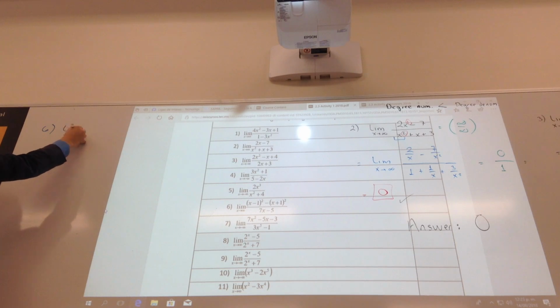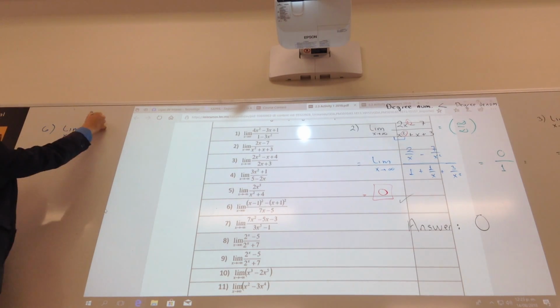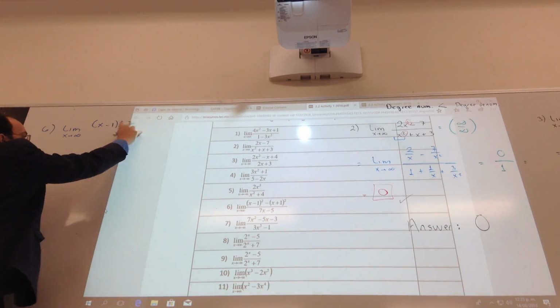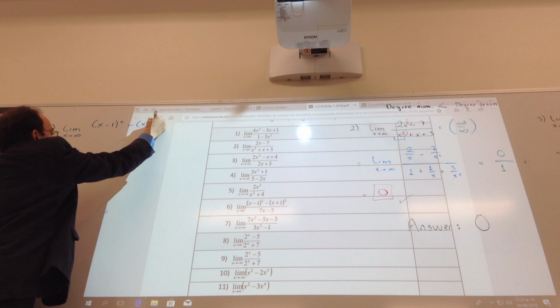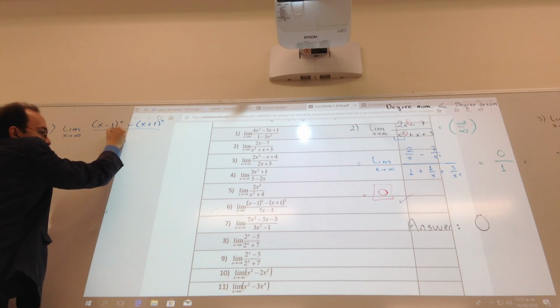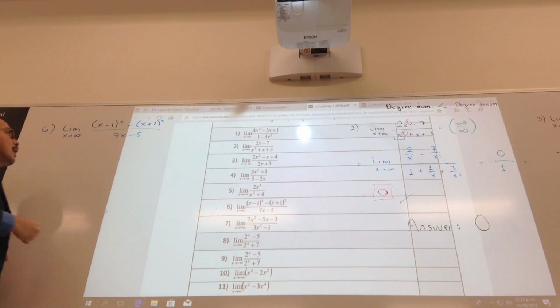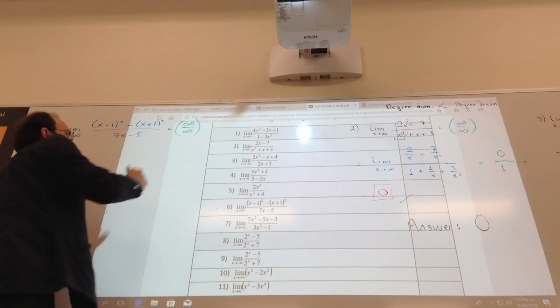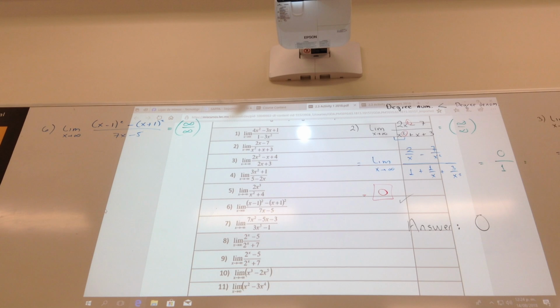Limit as x approaches infinity of (x minus 1) squared minus (x plus 1) squared over 7x minus 5. First thing, what do I do? No. First is infinity over infinity. That's always the first thing to do.